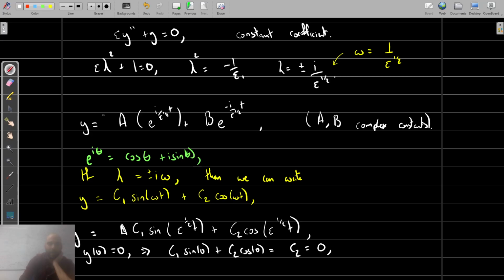So my c2 dies, it is 0, and all we're left with is the c1 sine of epsilon to the minus half t term.